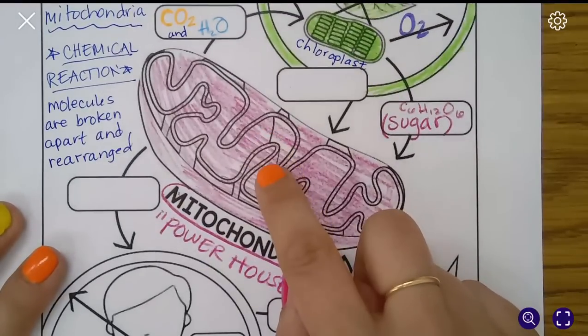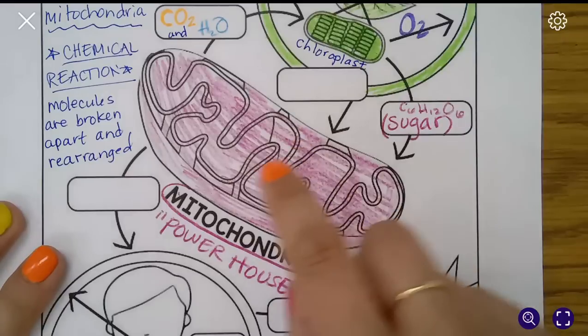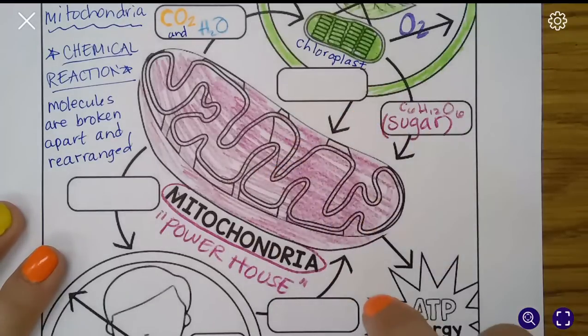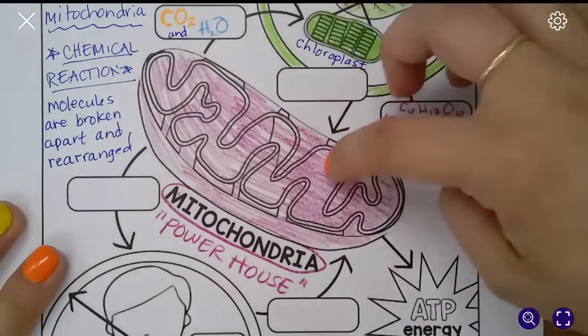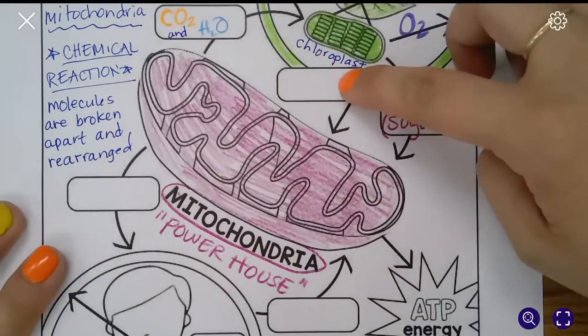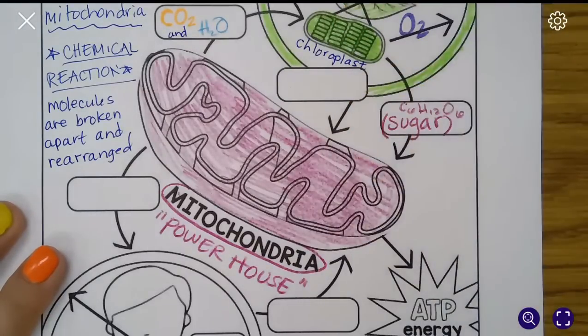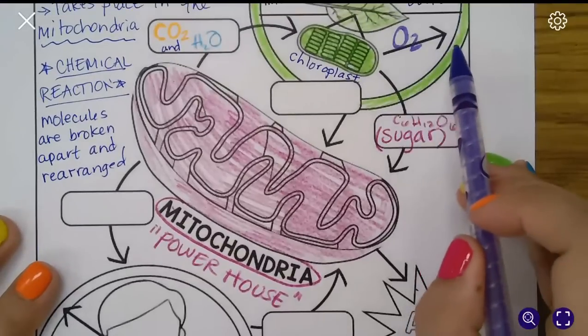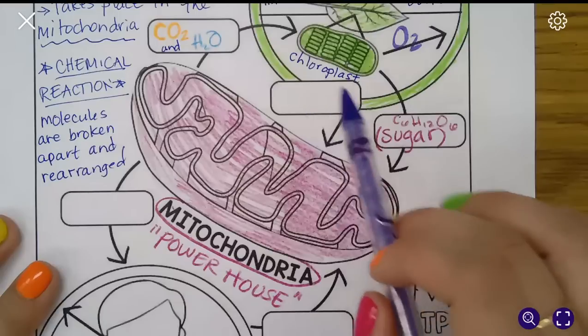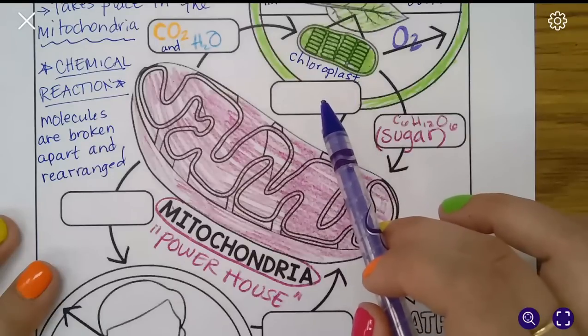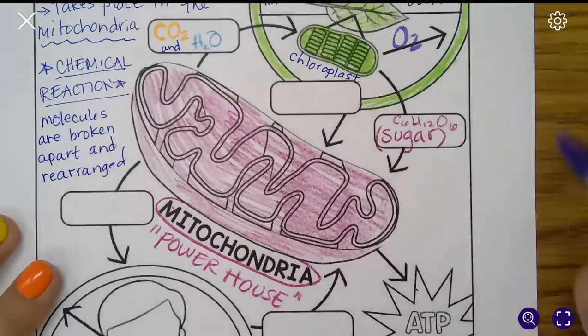So the mitochondria needs to use the stuff that is coming from the plant. So we're going to follow these two arrows. So I said we had oxygen released to the atmosphere, and some of that oxygen also is kept inside the plant and used.